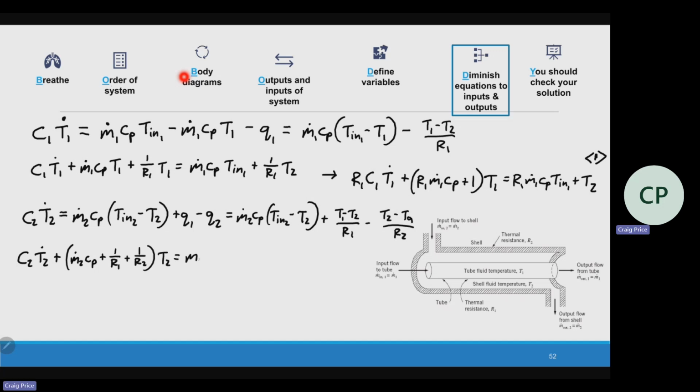This is equal to M2 dot C sub P T in 2 plus 1 over R1 T1 plus 1 over R2 T ambient.